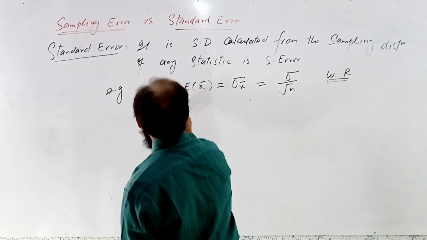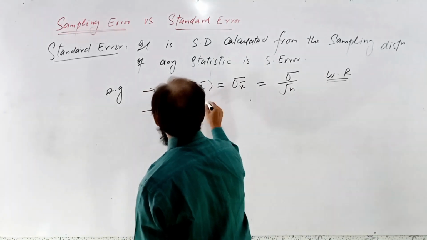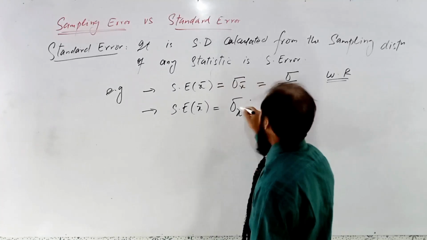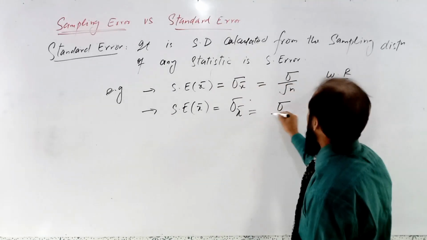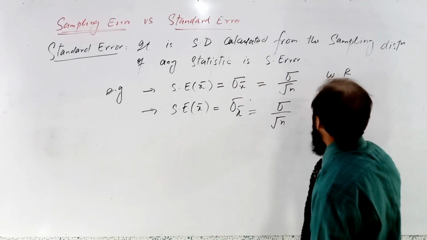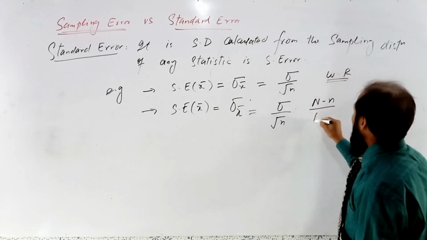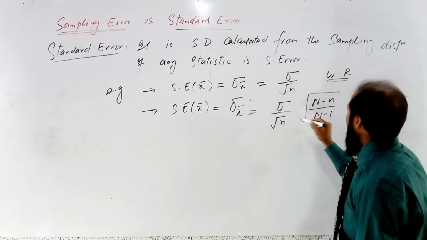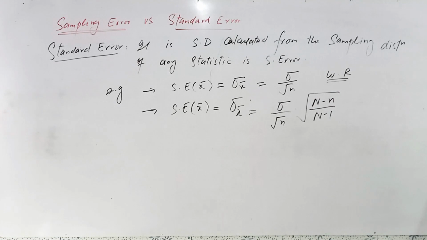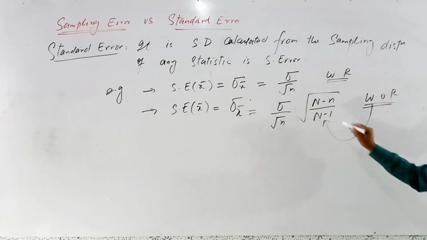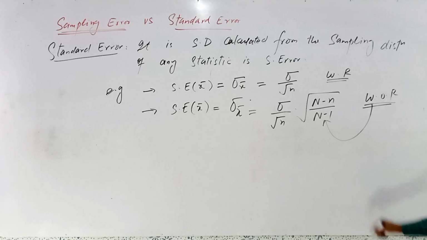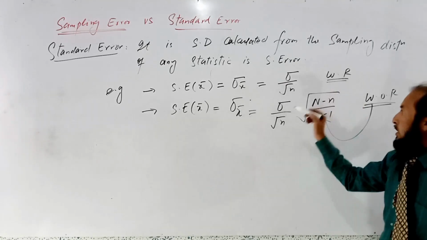But if we are finding the standard error of the mean without replacement, the finite population correction factor is used here: square root of (N minus n) divided by (N minus 1).